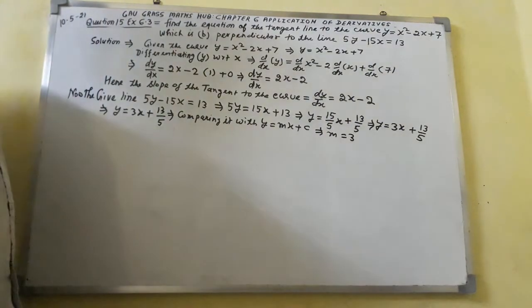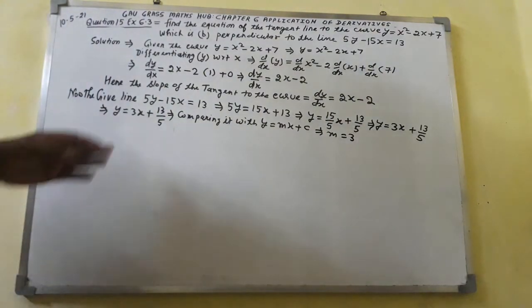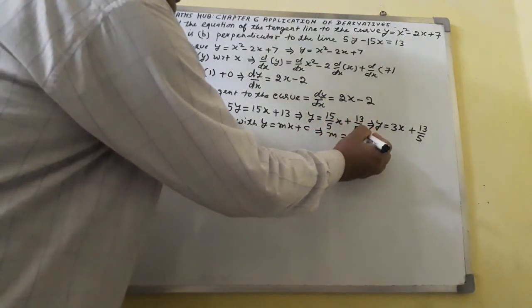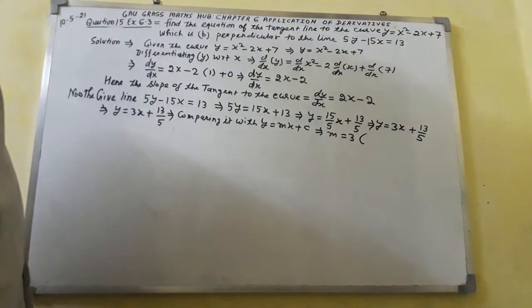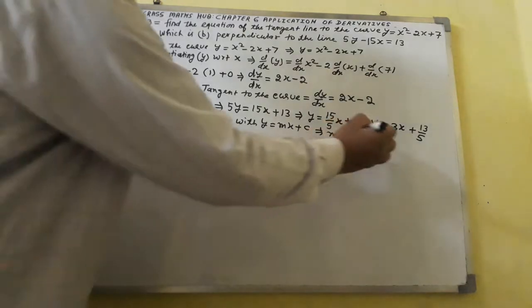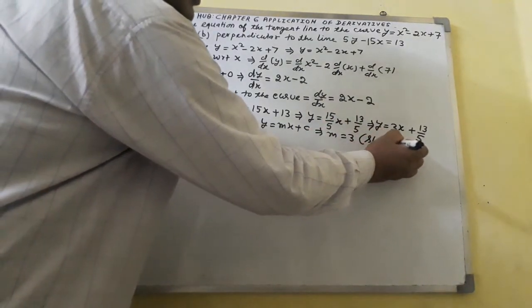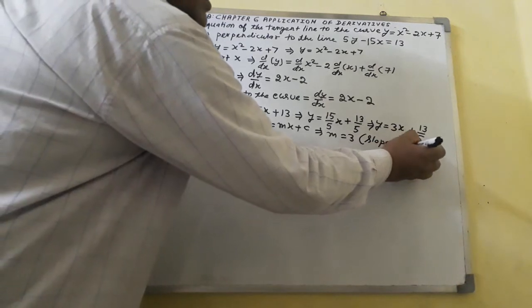M equal to 3 we have got. So here m equal to 3 is the slope of the given line.